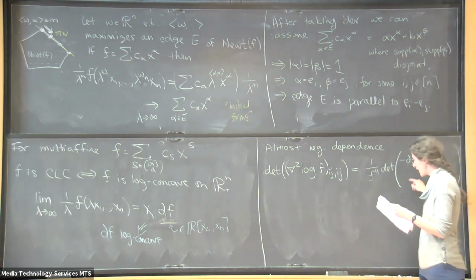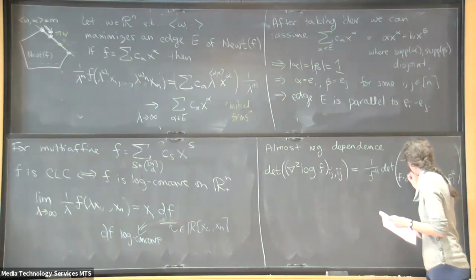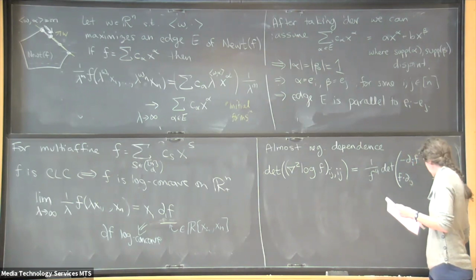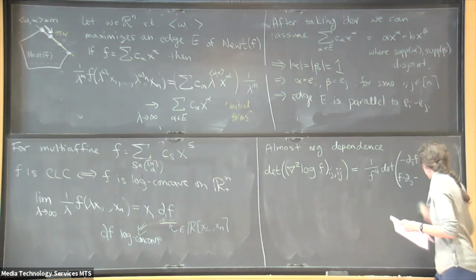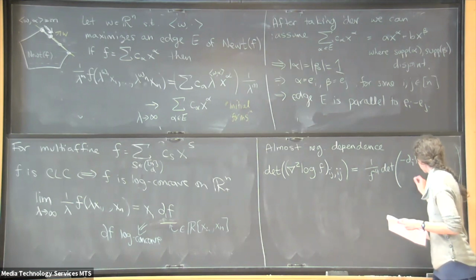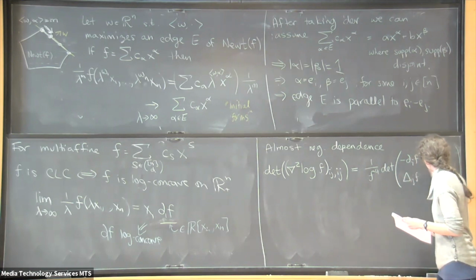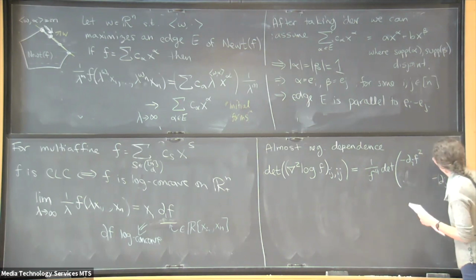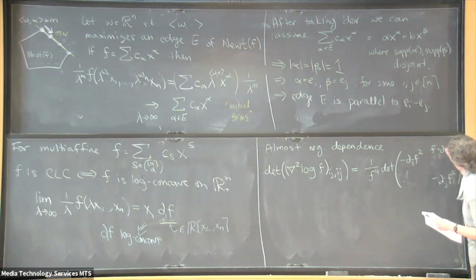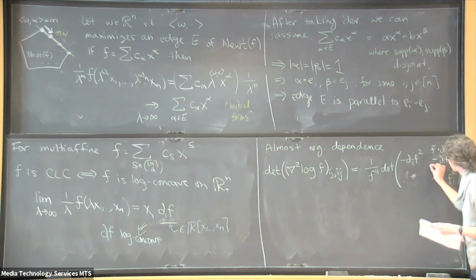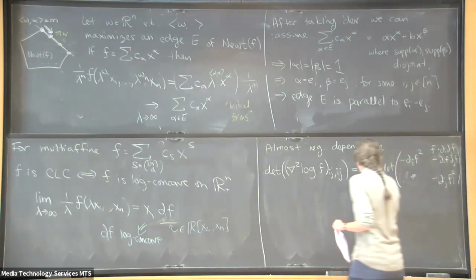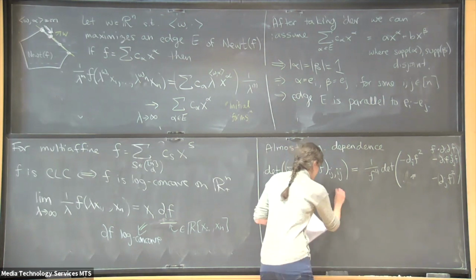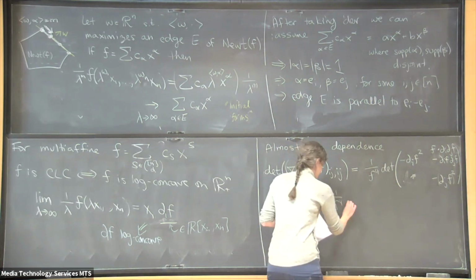In this coordinate we have this polynomial, f times d_i d_j f minus d_i f d_j f, and then it's symmetric, so the same thing here. We actually expand this out just to see what we get.